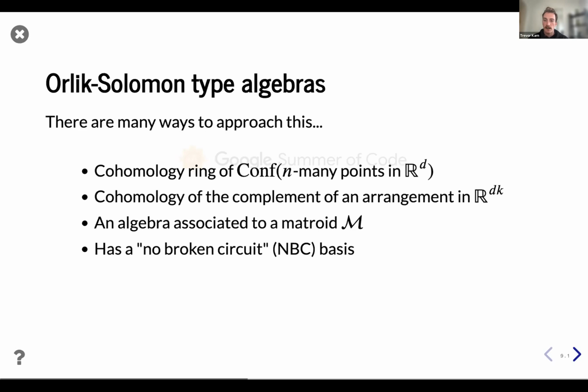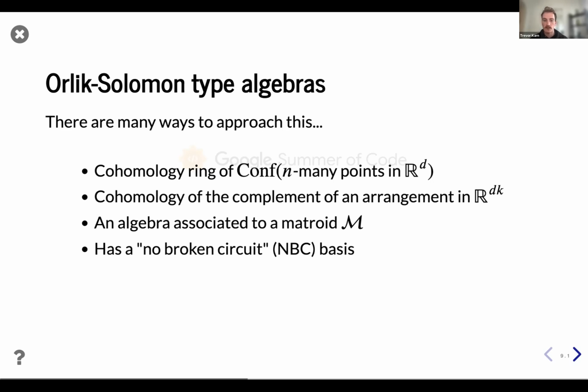Okay, so everything I've talked about so far has been for a pretty general setting. I also want to dig in more specifically to the motivating example for me. There are these Orlik-Solomon type algebras, and there are so many different ways to define them. I couldn't pick one, so I'm giving you many different ways to think about this without giving you any actual formal definitions.